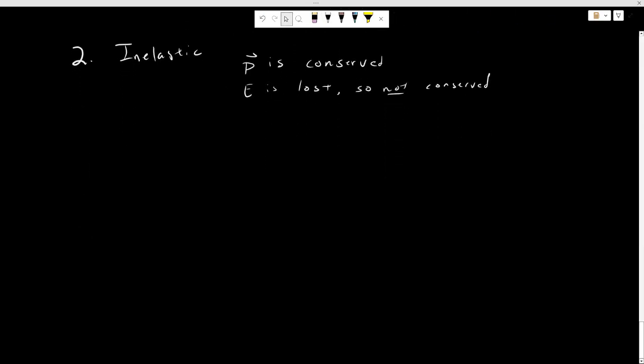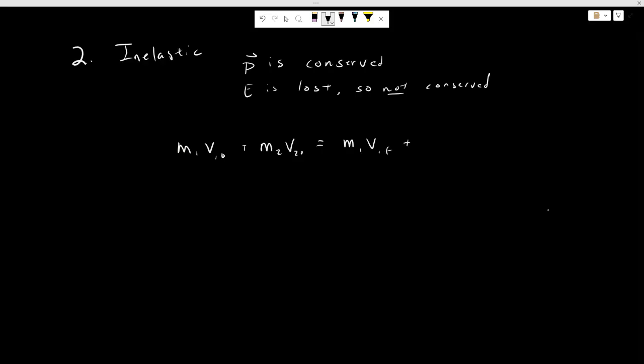So if energy is not conserved, then we can't use our trick that we had before to use 2 equations with 2 unknowns. So we'll just have m1 v1 initial plus m2 v2 initial equals m1 v1 final plus m2 v2 final. And that's it. This is all we have. So in these problems, they have to give you extra info.